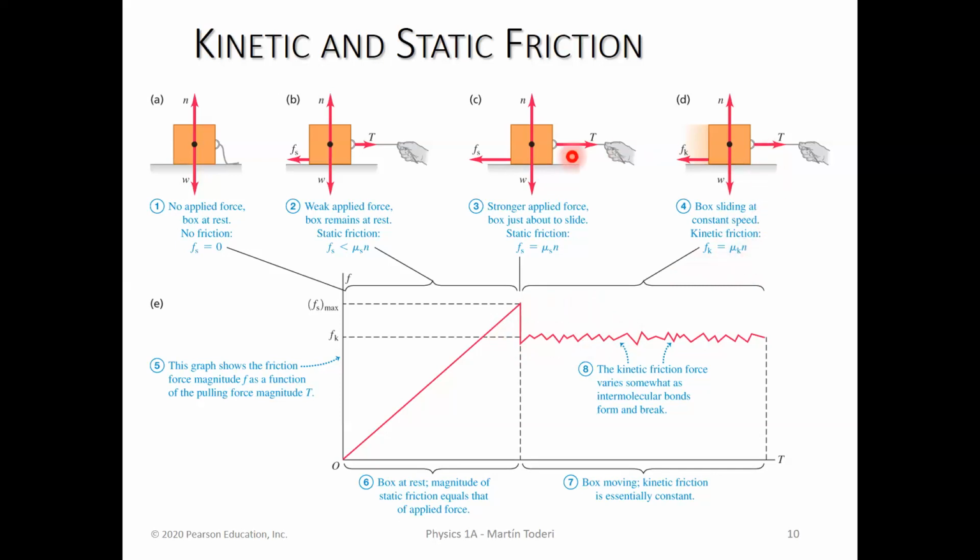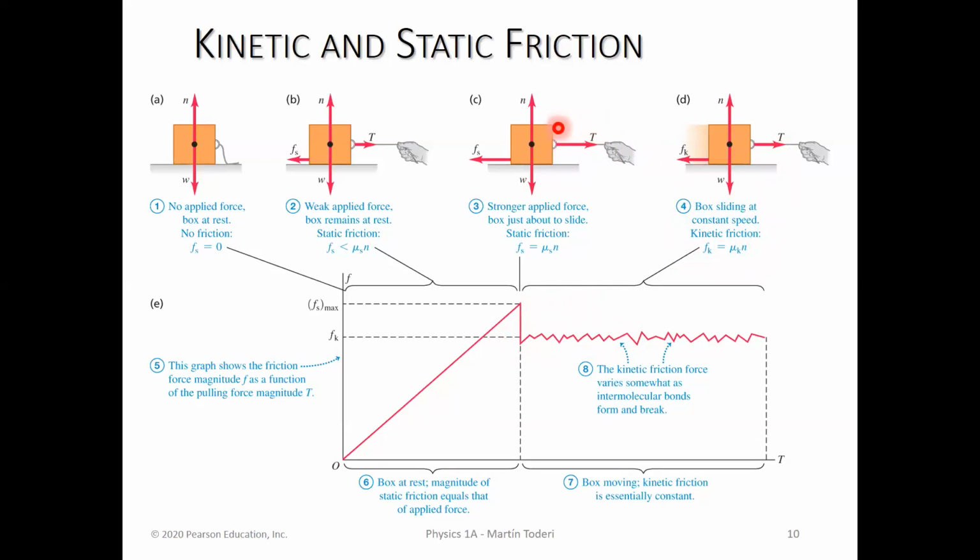Then, if we want to keep constant speed, we would need to decrease T in order to match Fk and keep the equilibrium condition in this case.